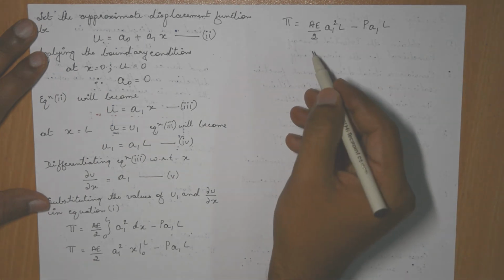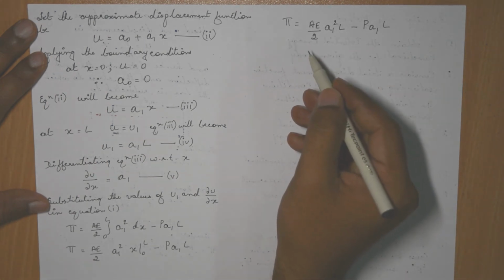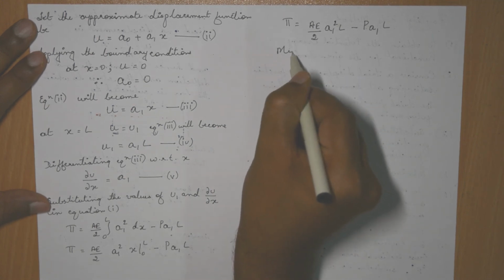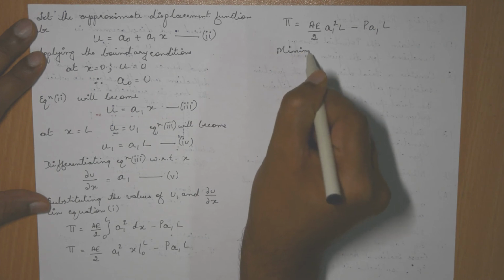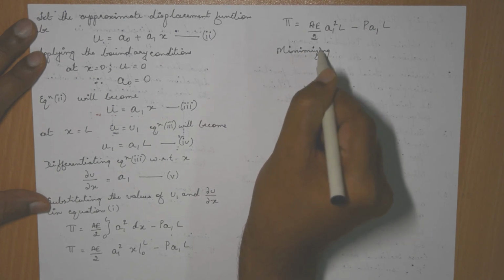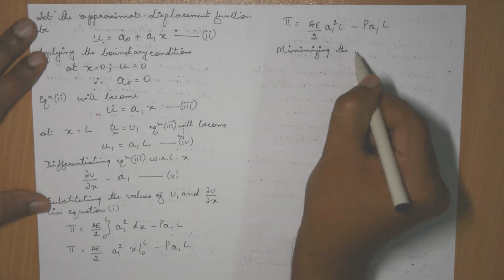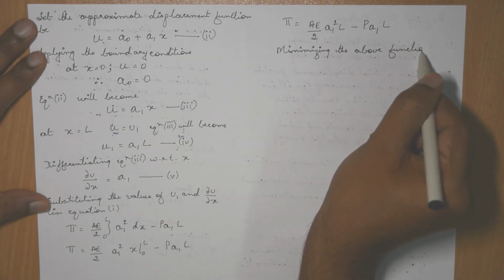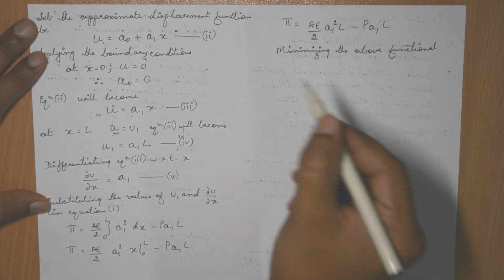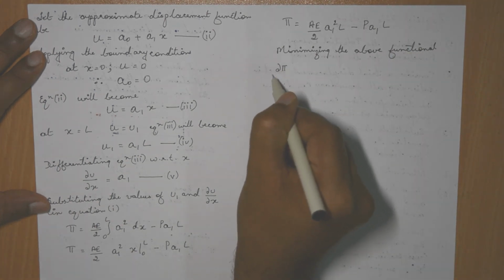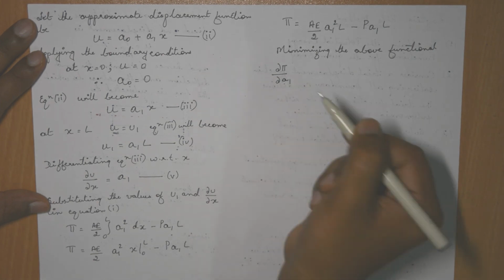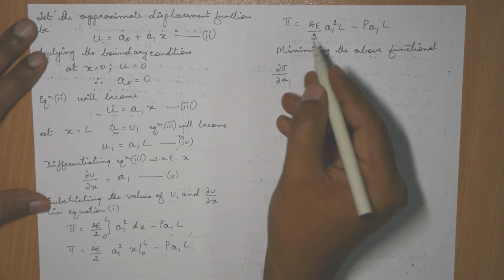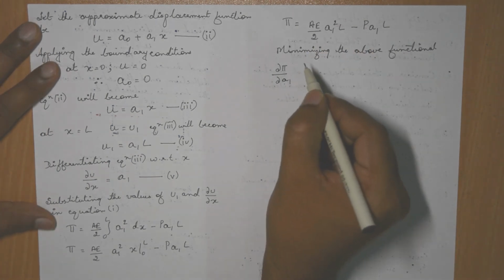Now this is the final potential energy functional. We want to minimize this potential energy function. So minimizing the above functional, dou pi by dou A1, because A1 is the variable here; P, L, A, E by 2, all these are constants whose values are known.